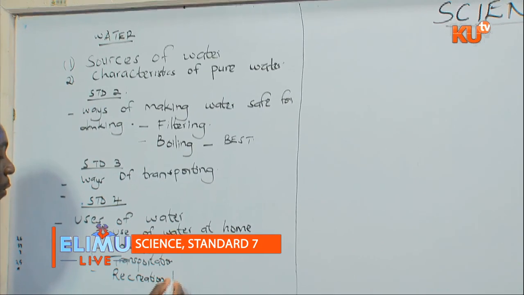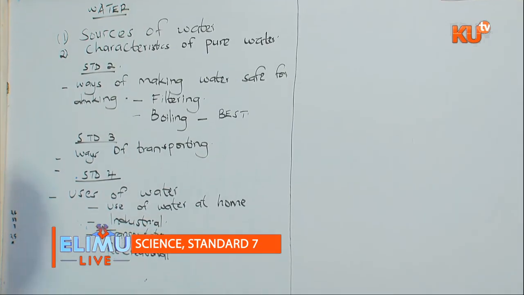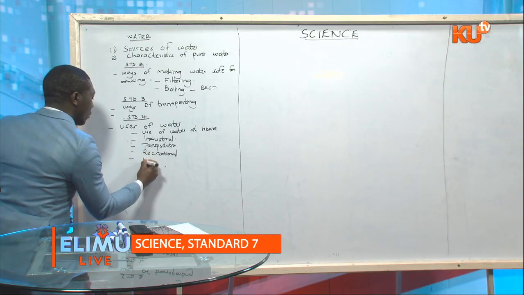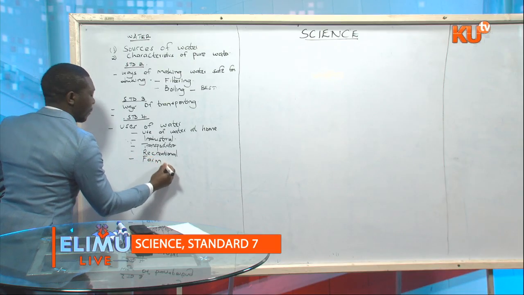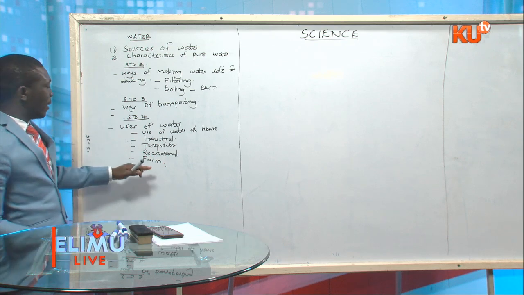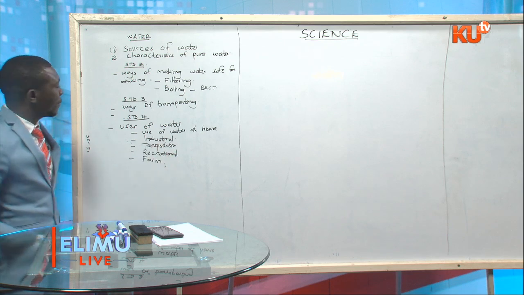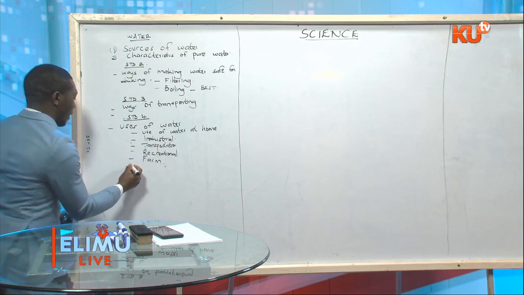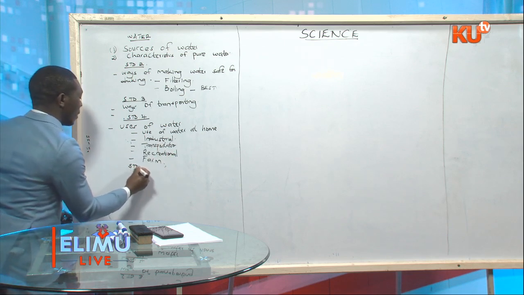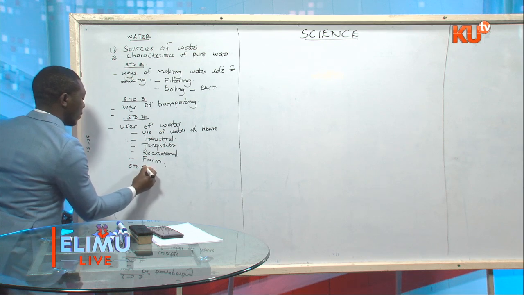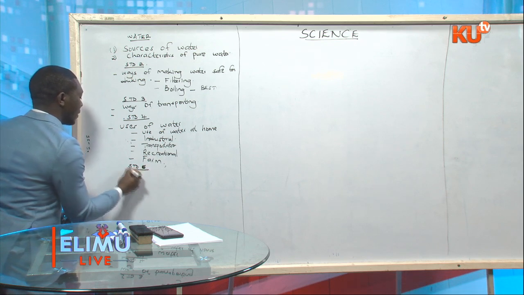This one is just use of water for enjoyment. And then we have got also use of water in the farm, farm uses of water. These are some of the uses of water that I taught you previously. In standard 5, I said this topic called water was not tested. So we go back to class 6.